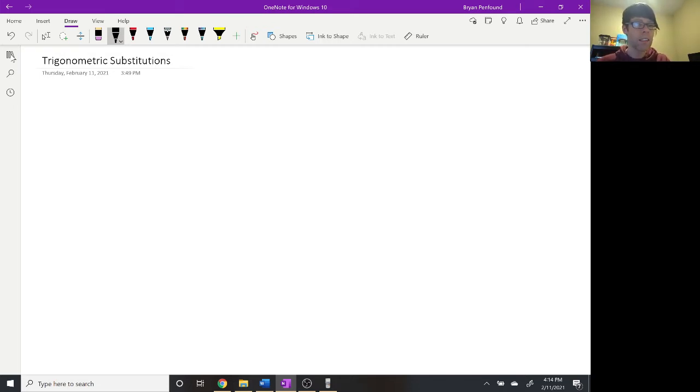It'll be one of the big techniques inside of that chapter. So trigonometric substitutions. Essentially what we want is to be able to simplify integrands having a square root.